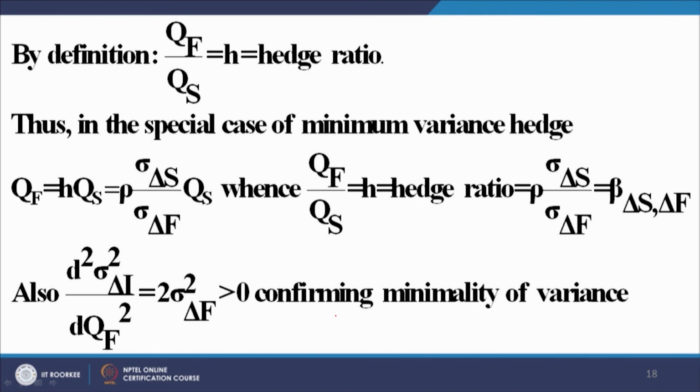Thus, in the special case of minimum variance, this is important, I emphasize this again and again, the hedge ratio equal to beta delta S delta F is operable only in the context of the minimum variance hedge ratio, when we are going to minimize the variance. And the second derivative turns out to be positive, showing the minimality of variance.